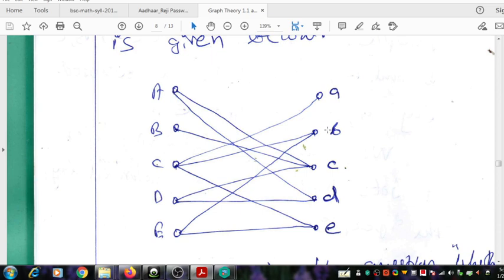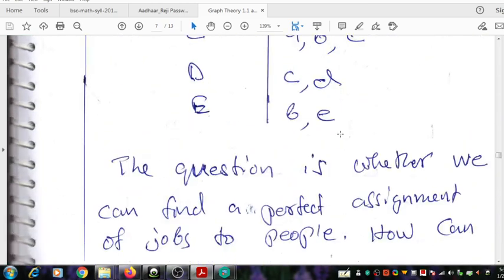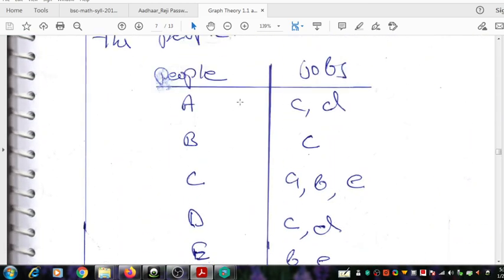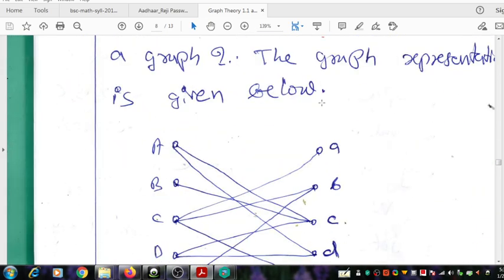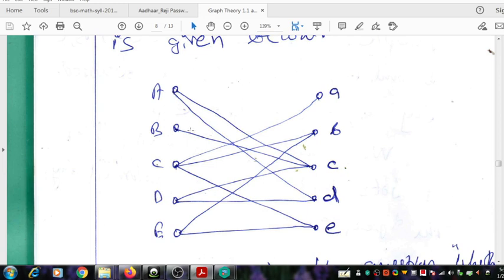Of course, these lines are drawn looking at the list. You can come back to the list. See, in the first part of the list, A is assigned C and D. Then come to the picture. You can see a line is drawn from A to C and A to D.